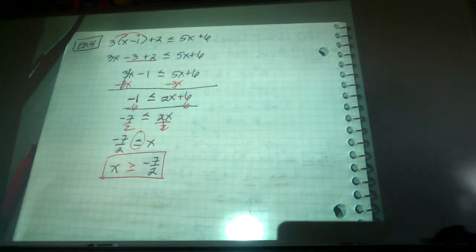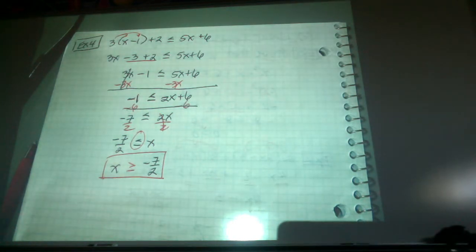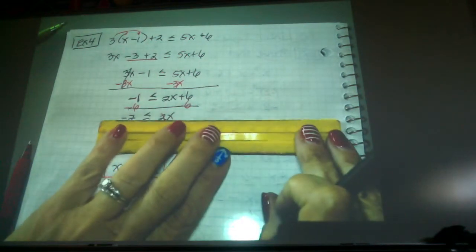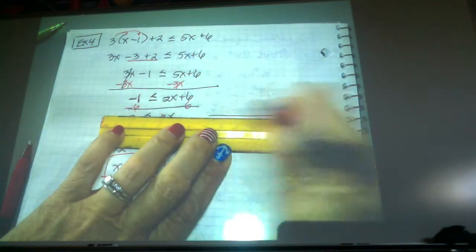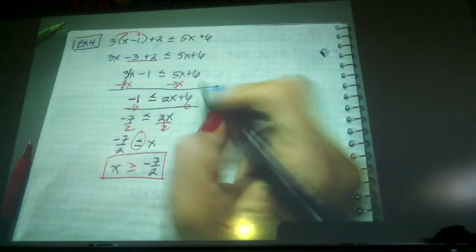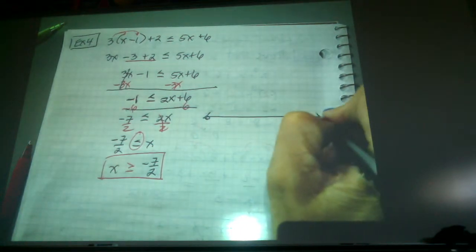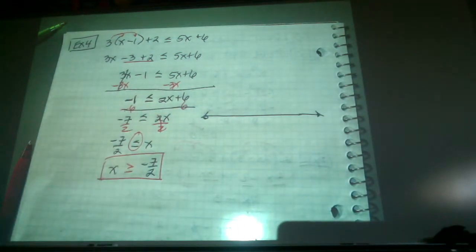Now let's graph it. Oh, darn. This one's not so bad to graph. Let's graph it using interval notation graphing, right? That we worked on earlier. So your boundary point is negative 7 halves, which is what mixed number? Negative 3.5.